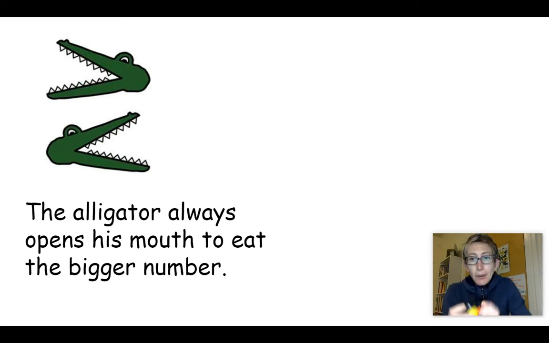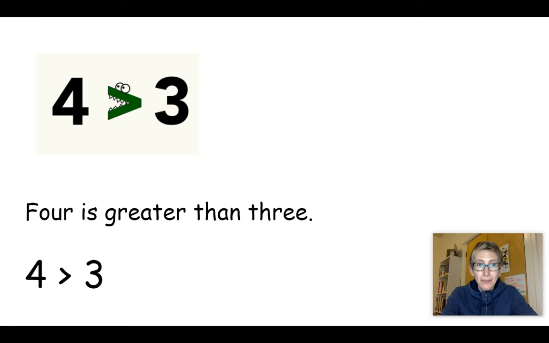And the way we're going to remember it is like this. The alligator always opens his mouth to eat the bigger number. So when we're comparing two numbers and trying to figure out which one is bigger, remember the alligator is going to open his mouth and try to eat the number that's bigger.